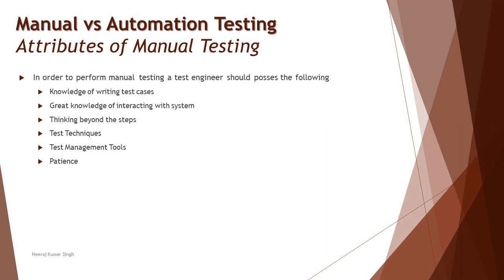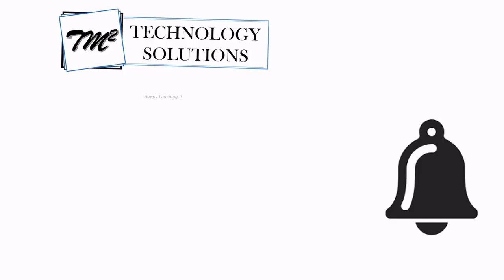Because if you are not patient, I think you would be quitting the very next day, right? So given these qualities and characteristics, manual testing has its own benefits and its own abilities to give you the best outputs on the testing of an application and return you a quality product altogether.